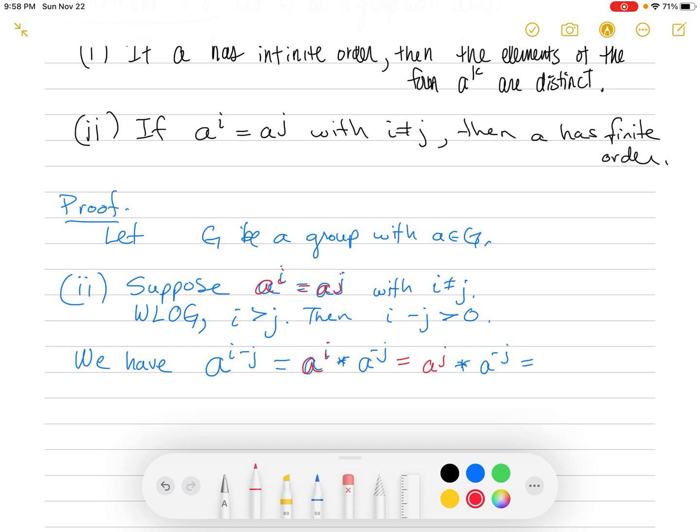Now, what is this exactly? a to the j times a to the minus j: a to the minus j is the inverse of a to the j. So what happens when you take a to the j starred with a to the j's inverse? You get the identity.